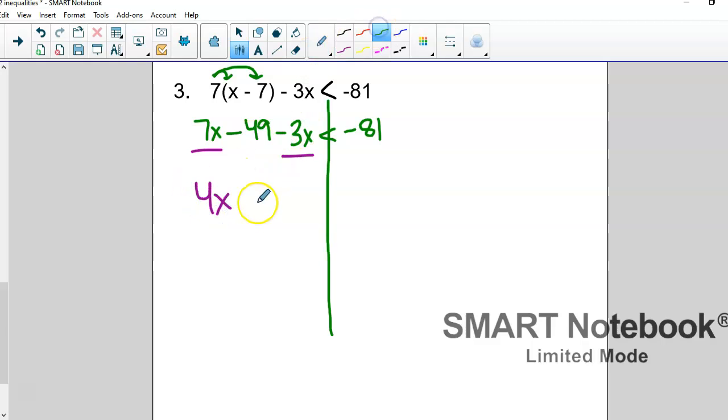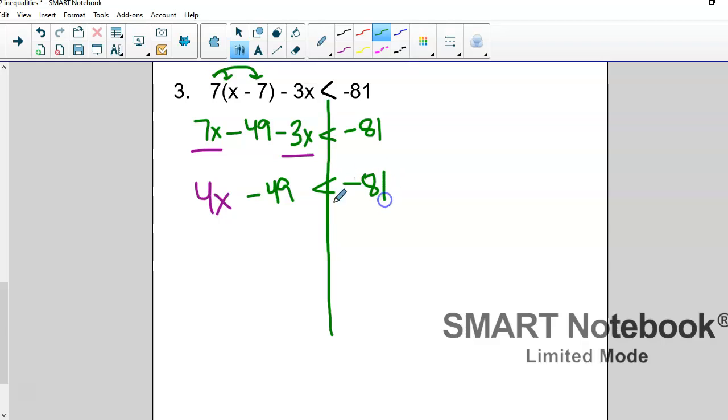We still have our minus 49, and we still have our less than, and we still have our negative 81.